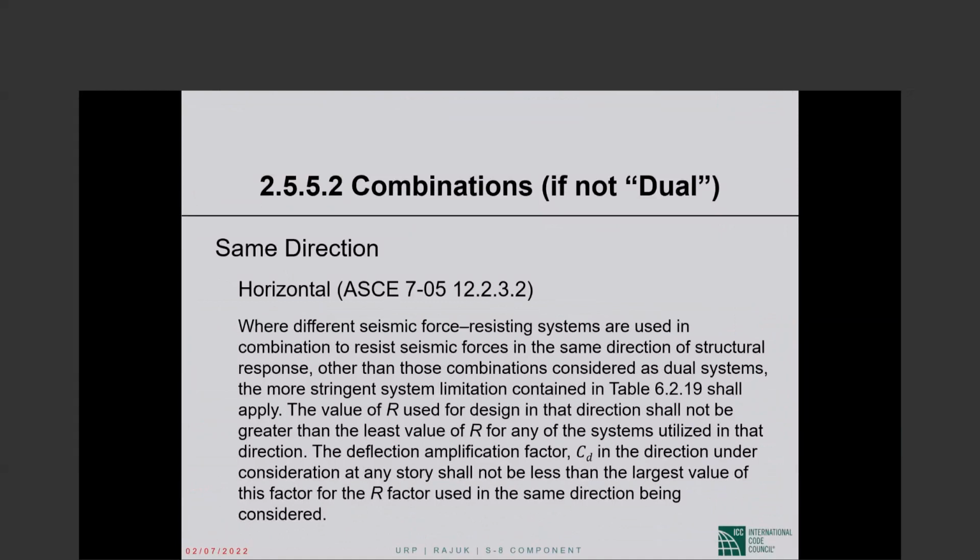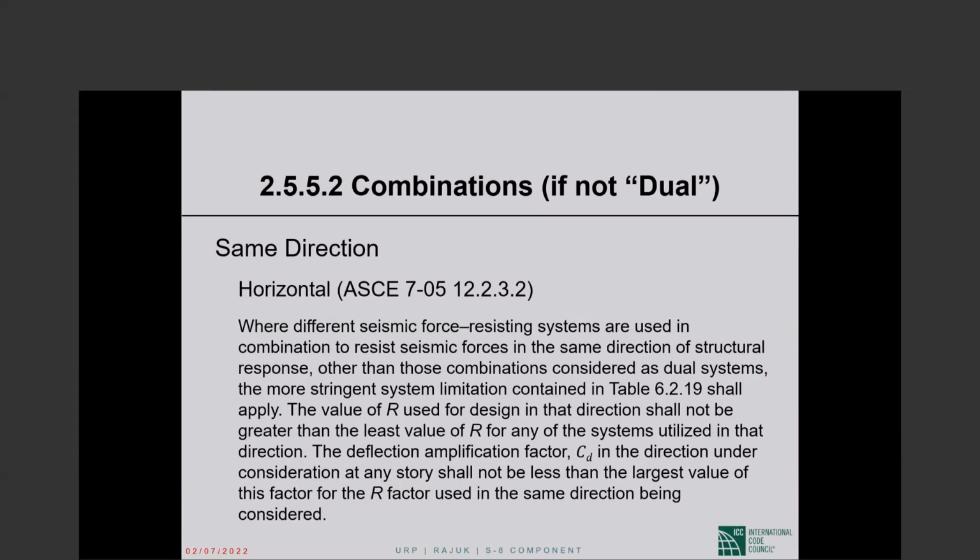Combinations of structural systems, okay, that happens fairly often. We combine frames and whatever, the systems that I described or that are listed in Table 12.2-1, multiple systems may be combined in one structure.